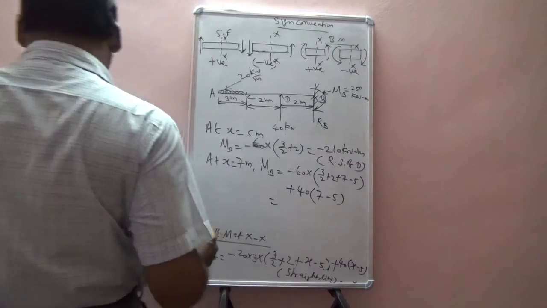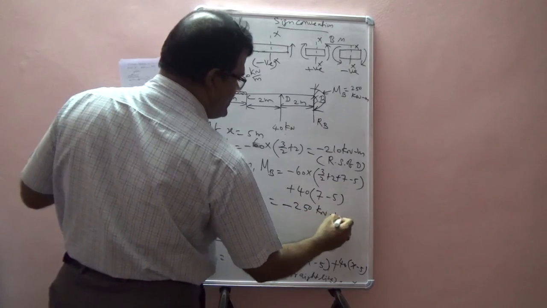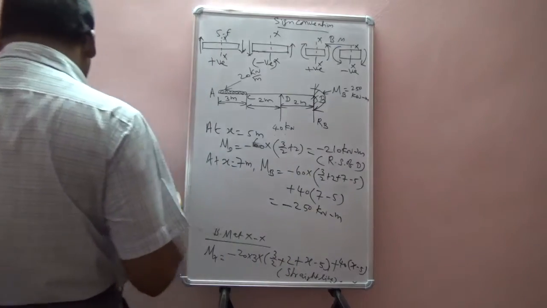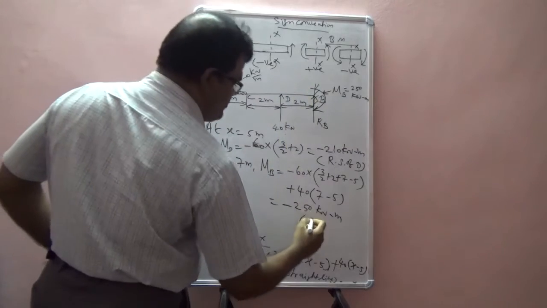So this value MB will be equal to minus 250 kilonewton meter. Please check the answers which I have already calculated, therefore I am writing here. So this is the left side of B.